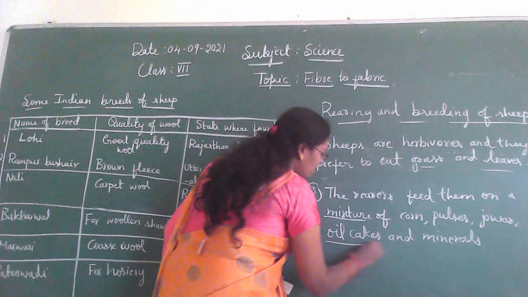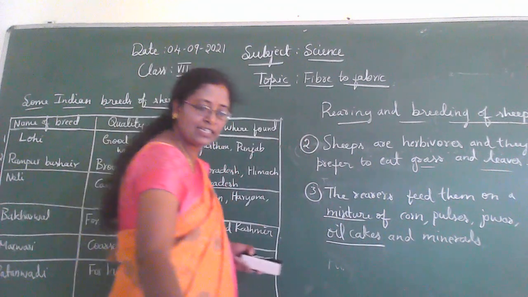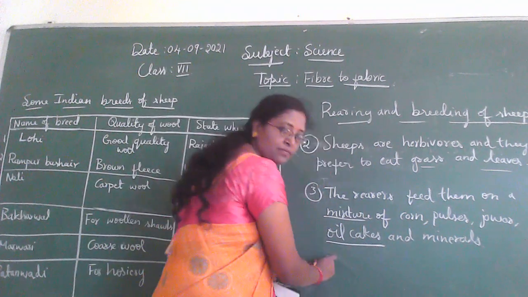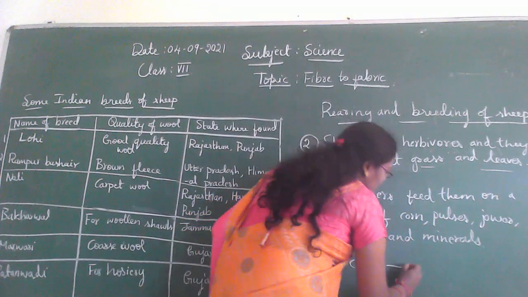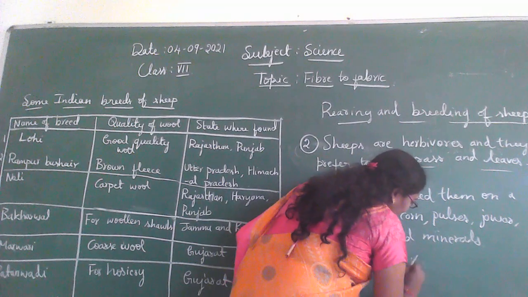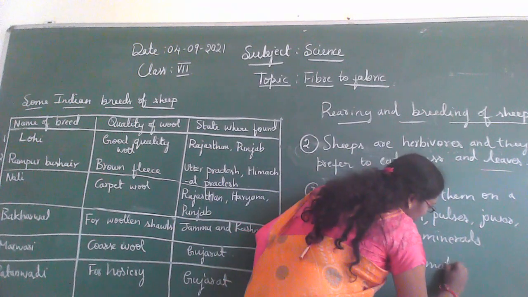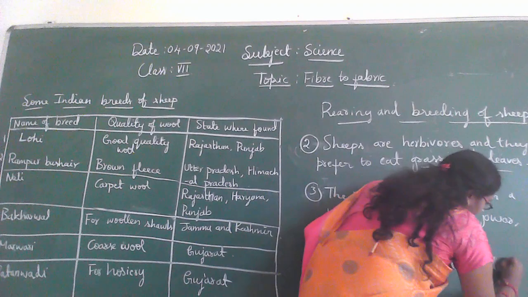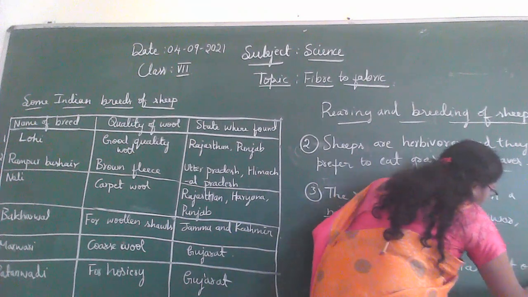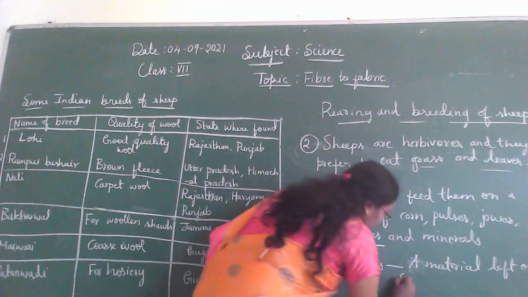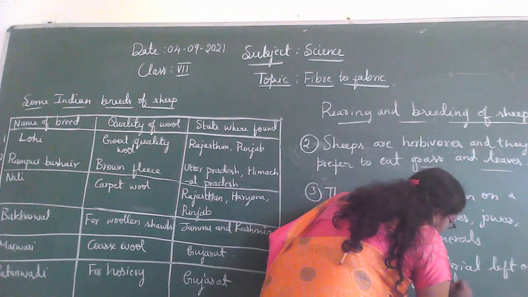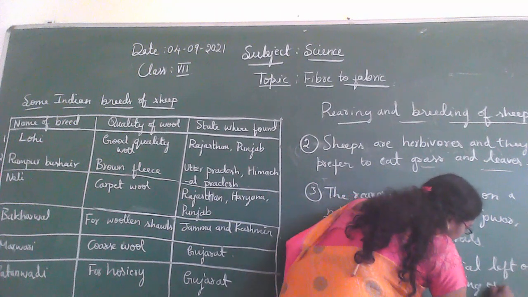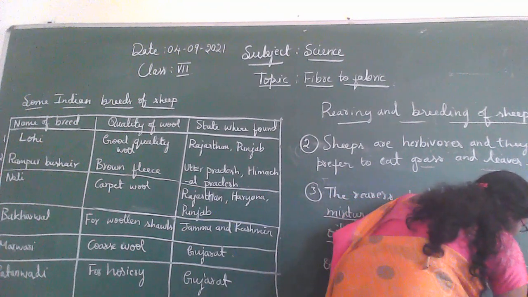What is the meaning of oil cakes? Oil cakes means it is a material left out after taking oil from seeds.